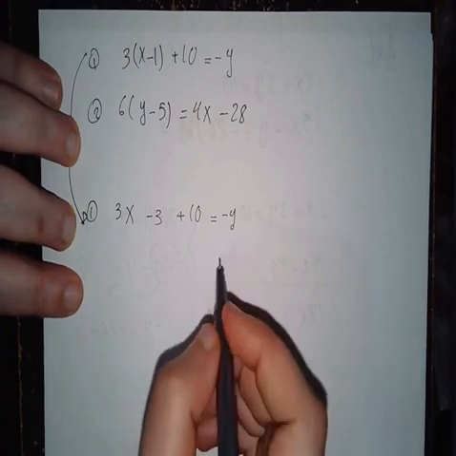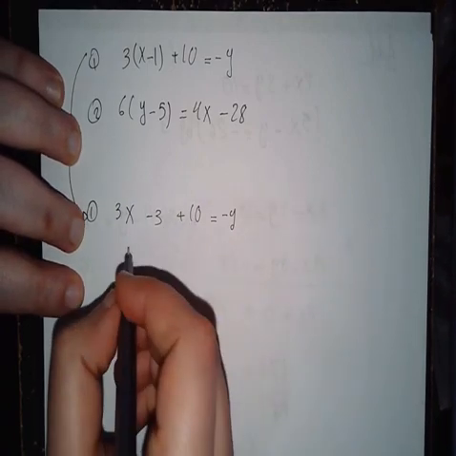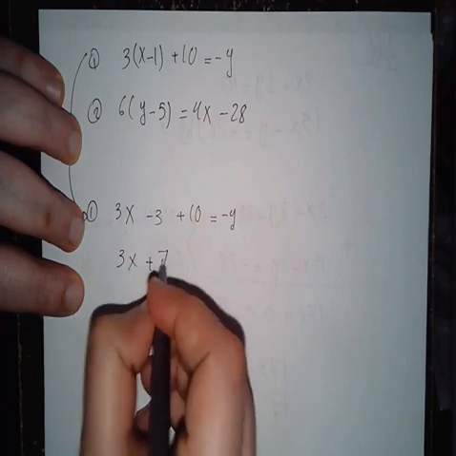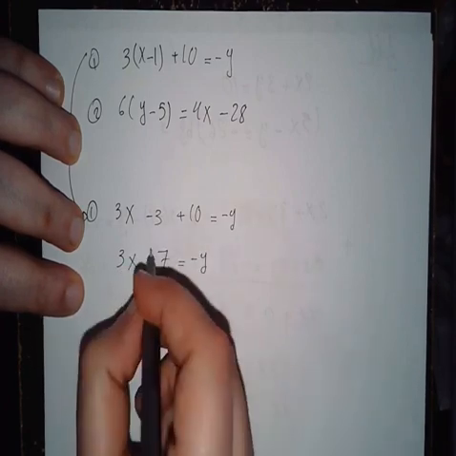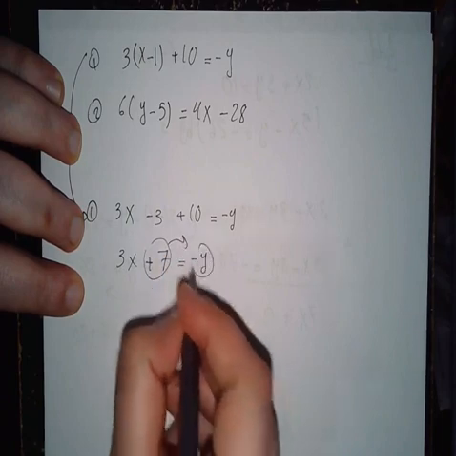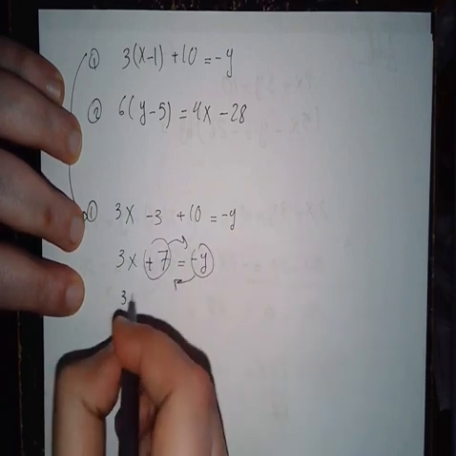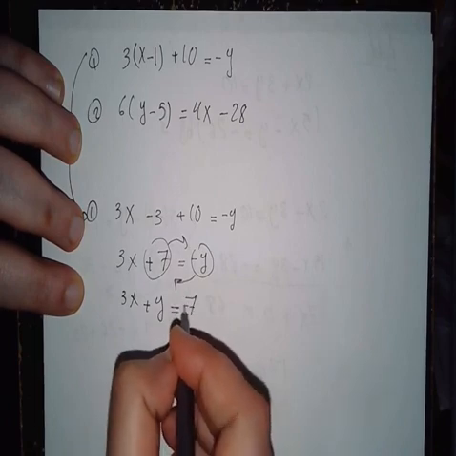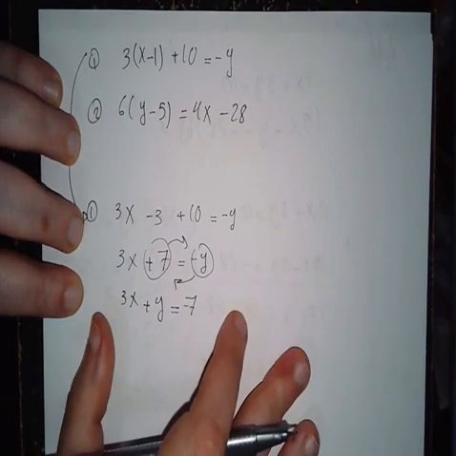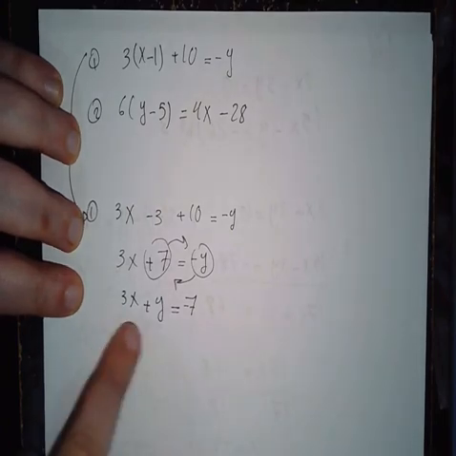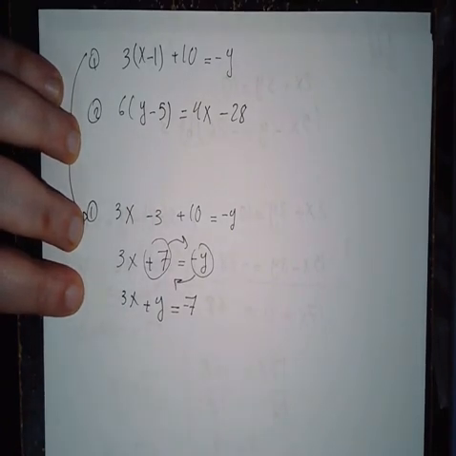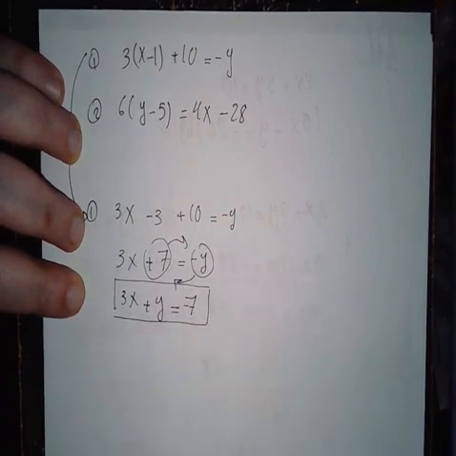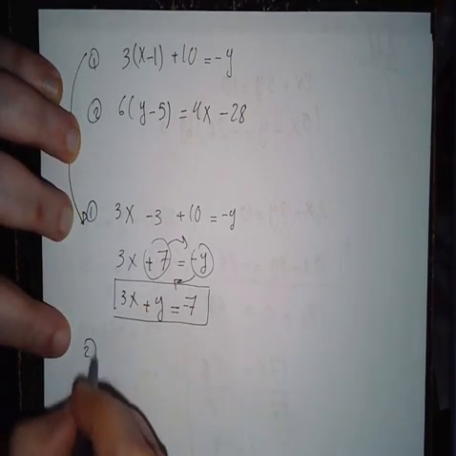So then these two are obviously 7, yeah? 3x, positive 7, negative y. I'm going to move the 7 to the side and the y to the side. You end up with 3x plus 1y equals negative 7. This is my first equation. It has to be in the form x something y and then equals a number. Always. Okay? So this is the final form. Done. Now let's do the second one.